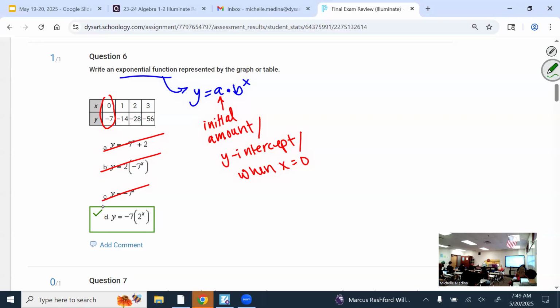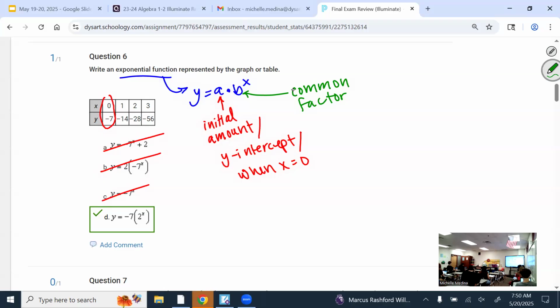But otherwise, what would B stand for in exponential functions? Our B is the common factor. And what do we do with factors? We multiply them.